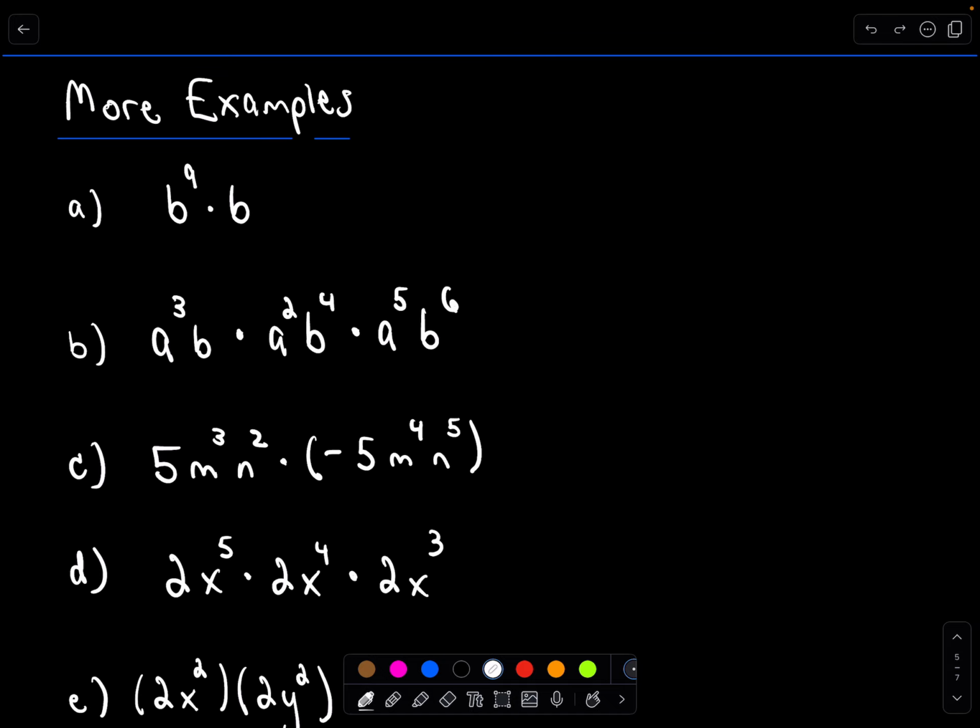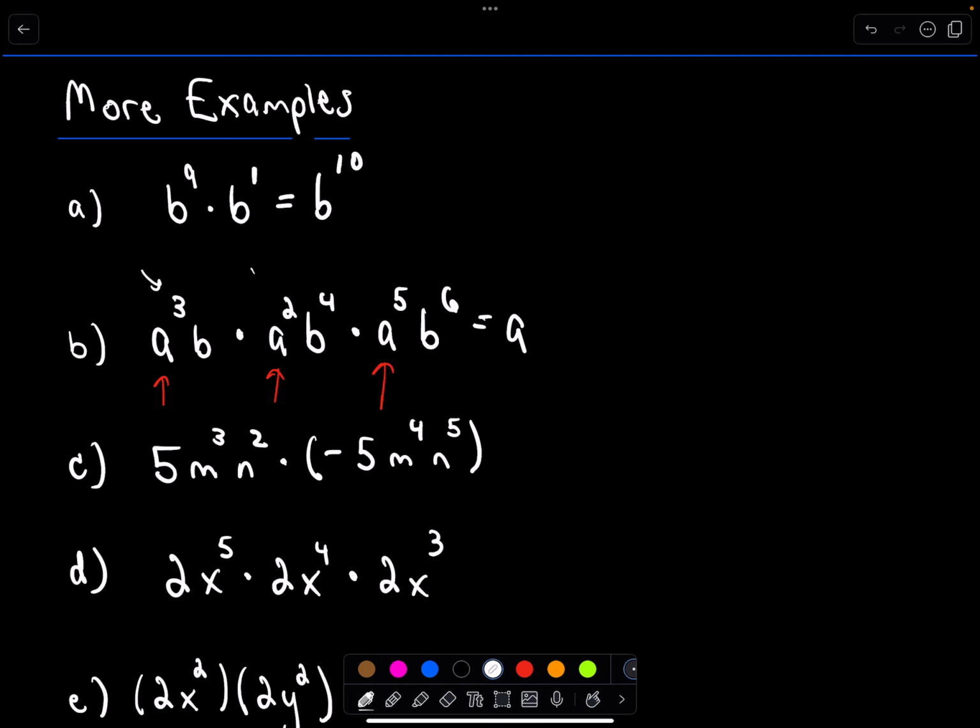Okay, so b to the 9th times b, which is b to the 1st. Well, we just add those exponents. That's going to be b to the 10th. Now, again, I see all of this multiplication going on in my next example. I see these bases of a, and I see these bases of b. Well, if I take the bases of a, I'll just add the exponents.